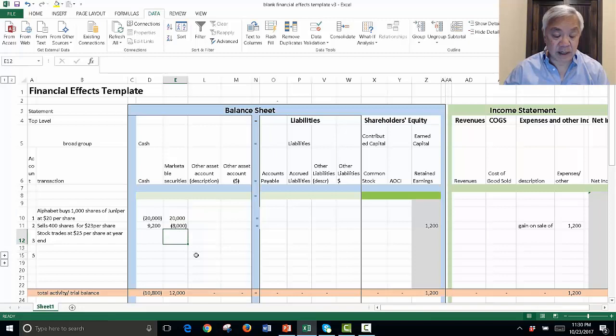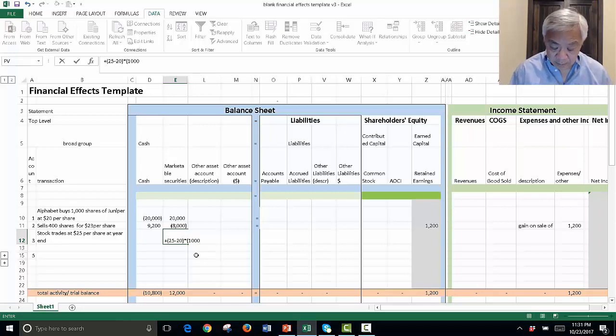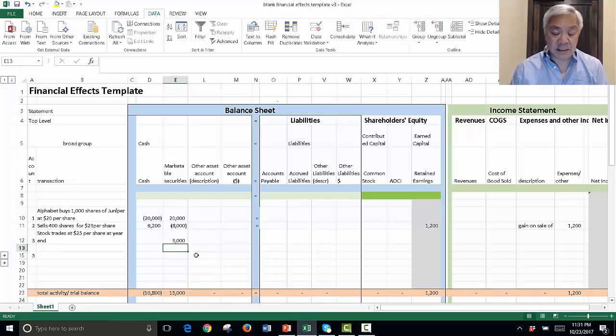So here what we will recognize is that there's a plus in the value, and I'll do it longhand. There's $25 the current value minus 20 is our book value at that moment, times, and I'll again do it in detail, we started with 1,000 shares and we sold 400. And so those are the components. So there's an increase in value of $3,000.